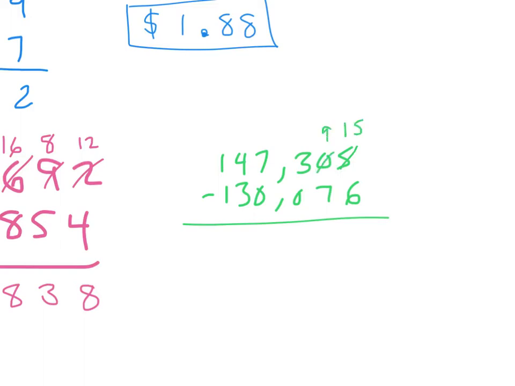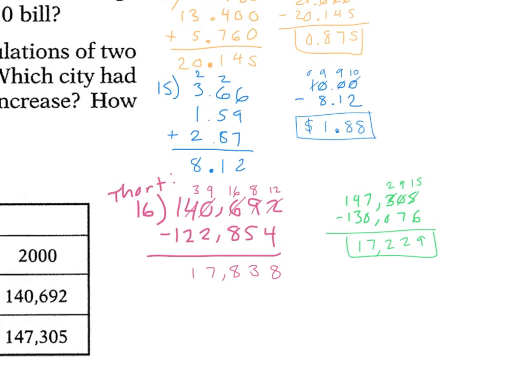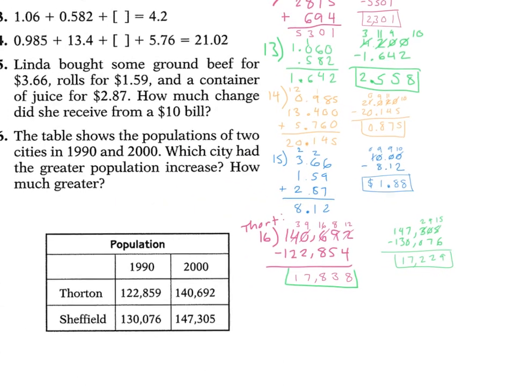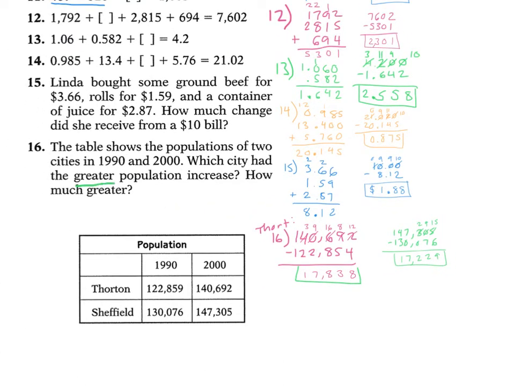This one becomes a 9, and this becomes a 2. 15 minus 6 is 9. 9 minus 7 is 2. 2 minus 0 is 2. 7 minus 0 is 7. 4 minus 3 is 1. And 1 minus 1 is 0. So 17,229. So that would make Thornton have the greater increase.